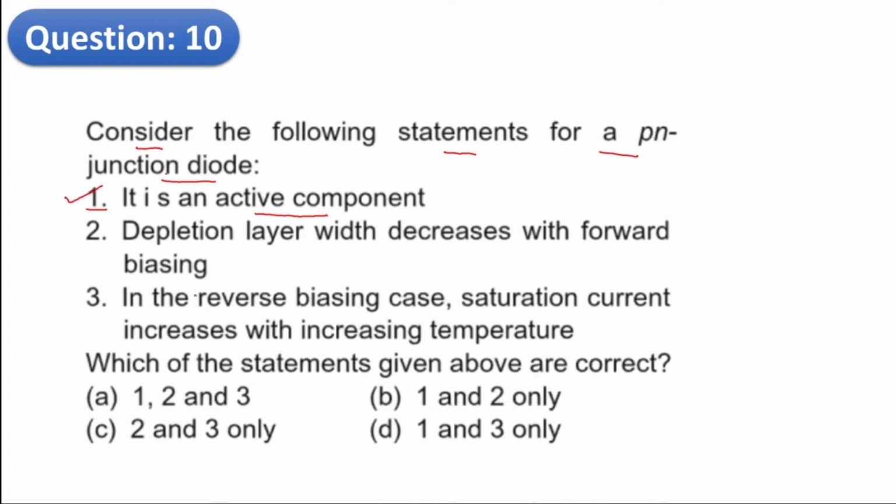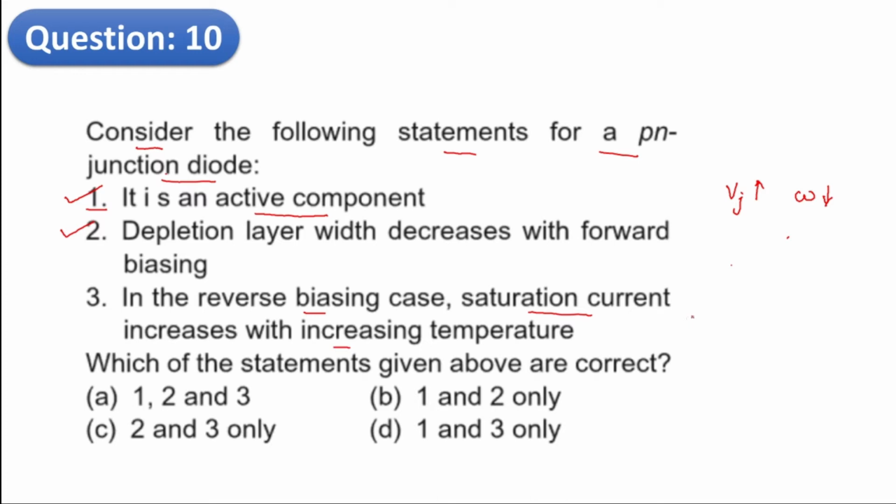Now for statement number 2: depletion layer width decreases with forward biasing. Yes, this is also a correct statement, because when the forward bias is increased, the junction voltage increases. In that case, the width of the depletion region decreases. In forward bias, as you increase the bias voltage, your depletion width will decrease. Now statement number 3: in a reverse biasing case, saturation current increases with increasing temperature.